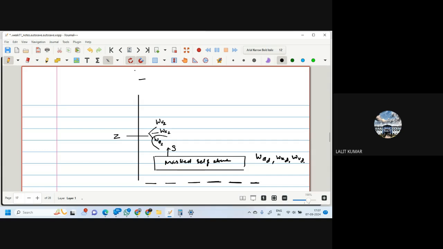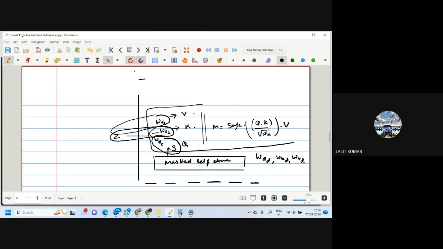Using WQ2 and S, we find Q. Using Zi and WK2, we find K. Using this, we find V. And putting in the same formula, M is equal to softmax of Q into K divided by root dk, into V. This is the cross attention part of the decoder. Is this clear?